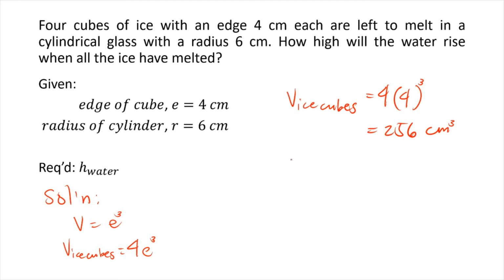Again, let's assume that the volume of the water is equal to the volume of the ice cubes. Therefore, the volume of the water is equal to 256 cubic centimeters.